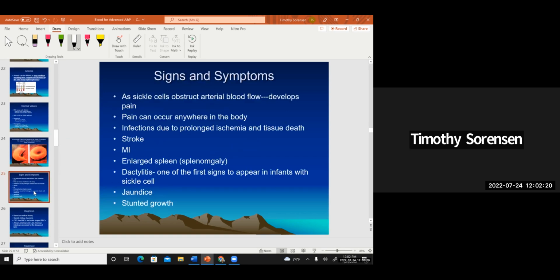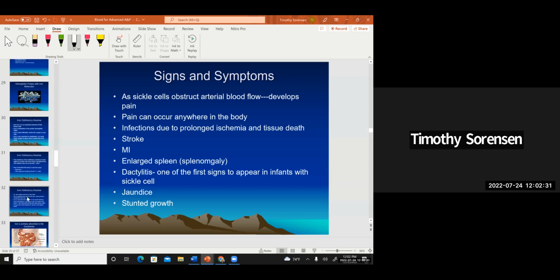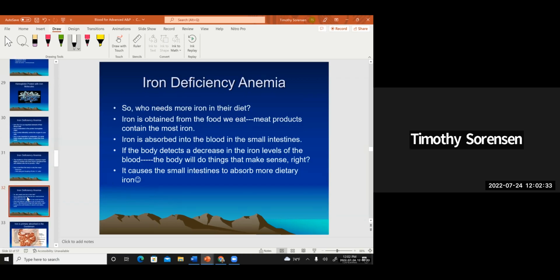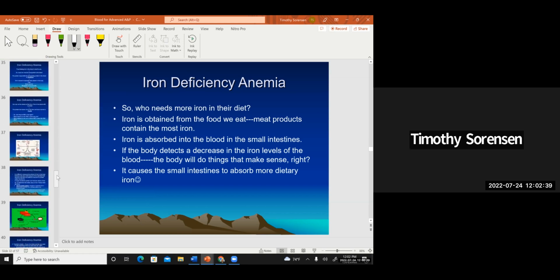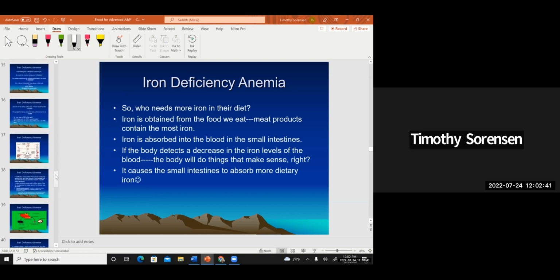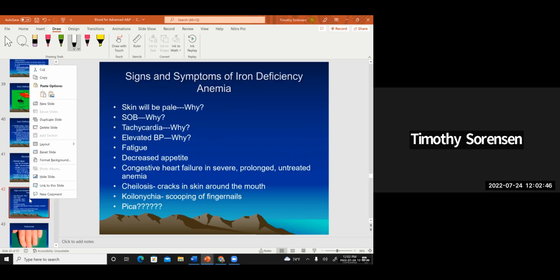So what are you going to see? You're going to see they're going to be fatigued, right? Always complaining of being tired, right? Being tired all the time. Skin's going to be pale.